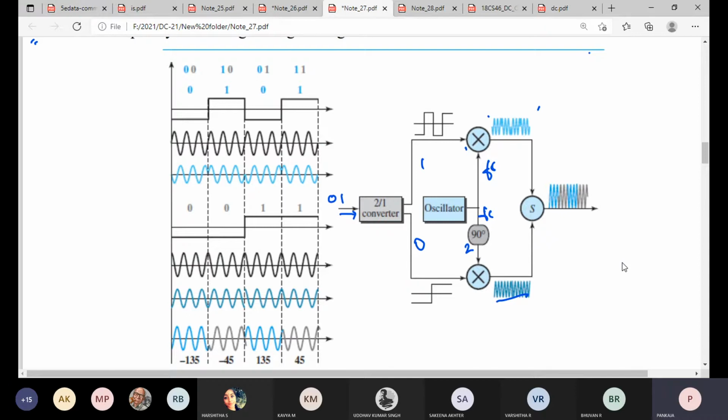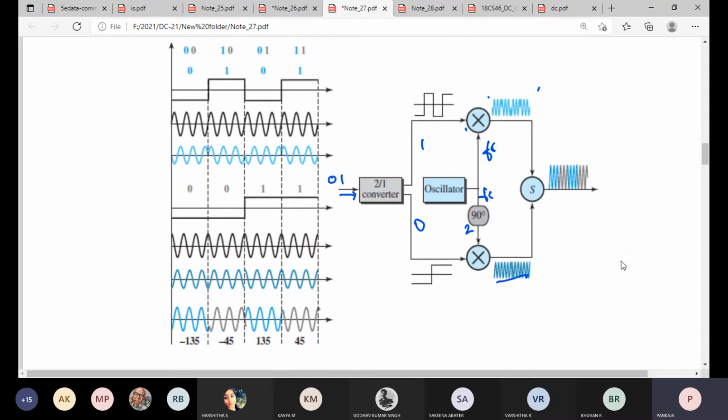If this is the data, you can see this part of the diagram is for binary, where you take one bit of information and convert it into one signal element. So now you can just focus on this side. This is a carrier frequency, the actual carrier frequency generated by the oscillator.